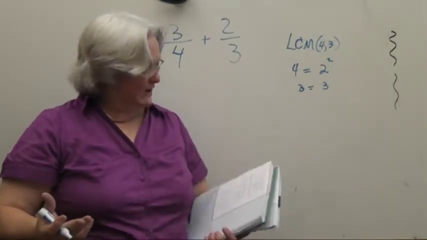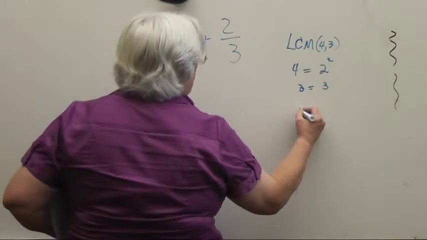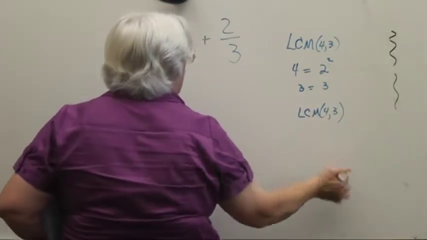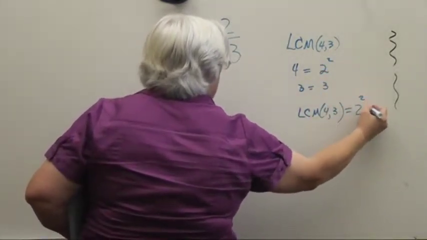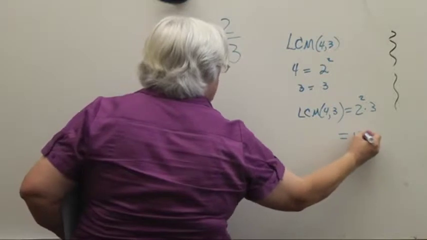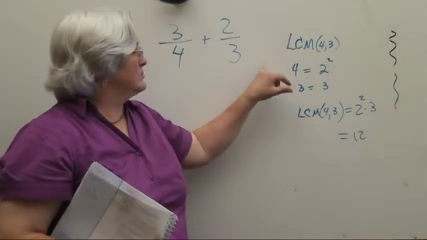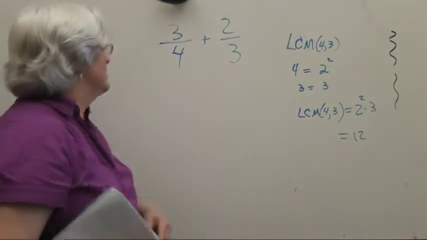Those are really hard to factor, aren't they? In order to find the least common multiple of 4 and 3, you take each specific prime factor the greatest number of times it appears in any one of these 2 individual factors. So you find out that your least common multiple is 12.